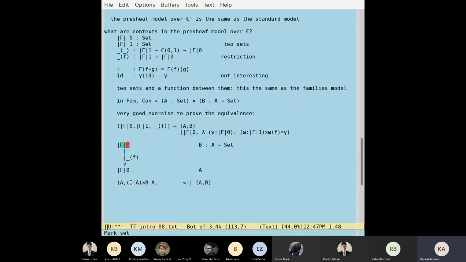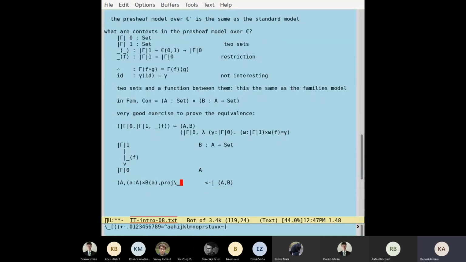This is the sigma type, or dependent product. So an element of A together with an element of B at that element, and then I can go from this product type down here, and it's just the first projection, right?